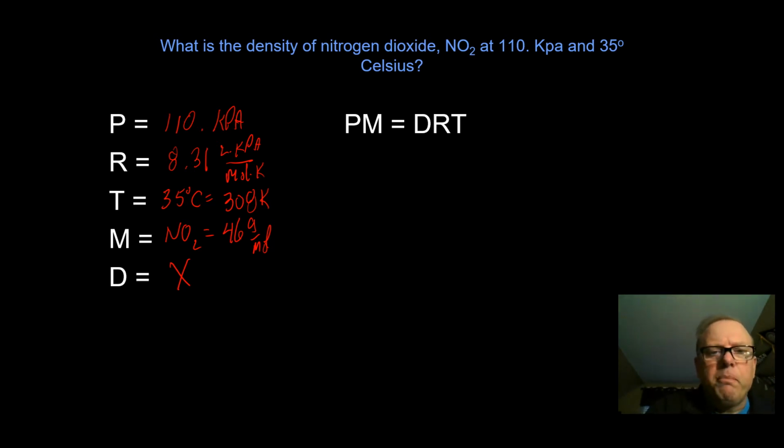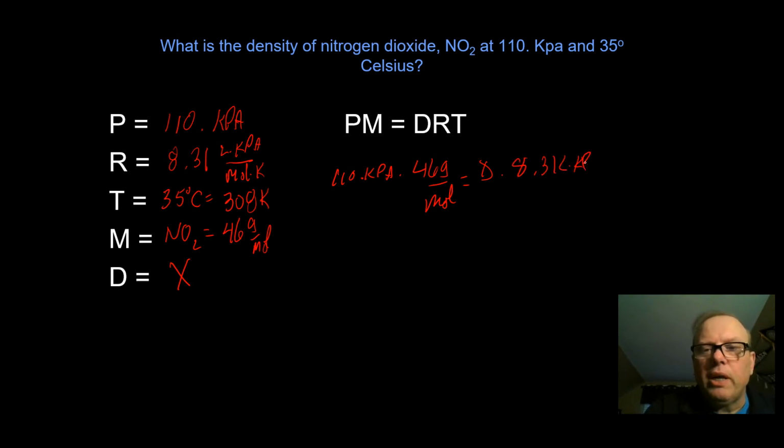So if we pile everything in here, 110 kilopascals times 46 grams per mole is equal to density times the R value, 8.31 liters times kilopascals over moles times Kelvin, times the T value of 308 Kelvin.